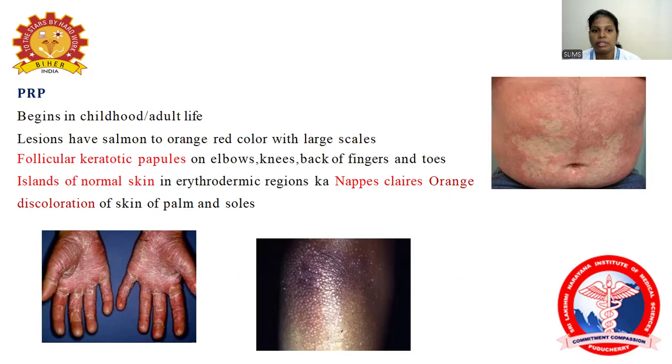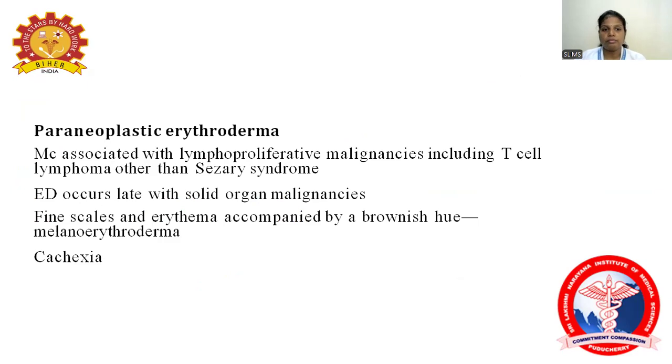That is known as the nappes claires. And orange discoloration of the skin on palms and soles is present. So like this, in pityriasis rubra pilaris erythroderma, there will be sparing of islands of normal skin, which is known as the nappes claires.